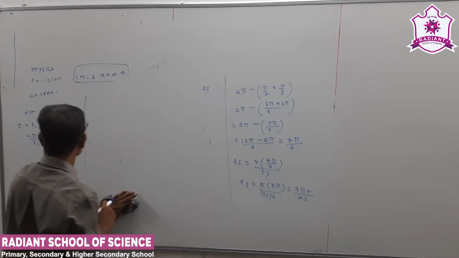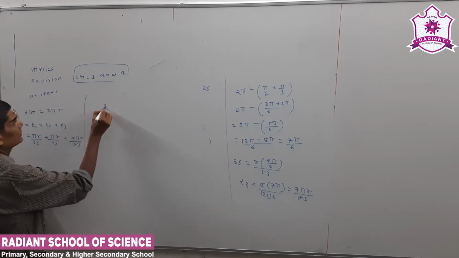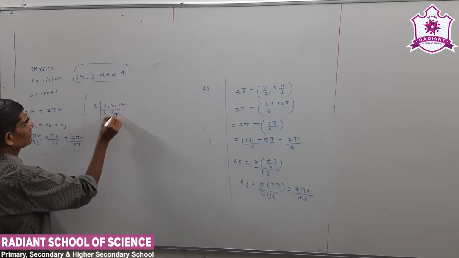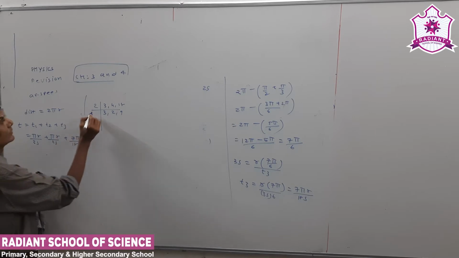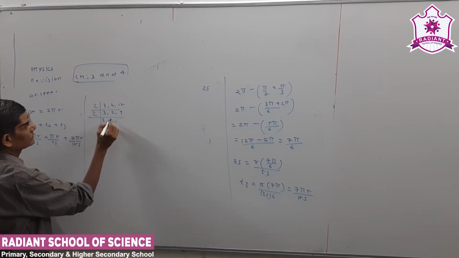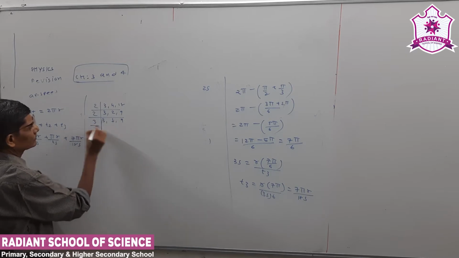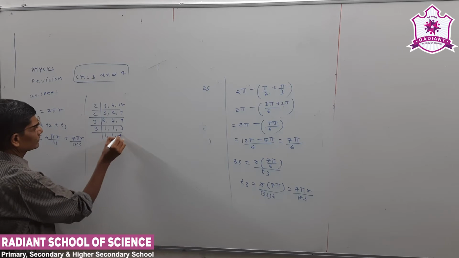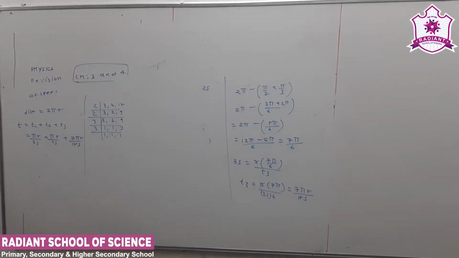Okay, see 3, 4 and 18. Now what is our LCM? 2 to the 4th is 12, times 3 is 36.